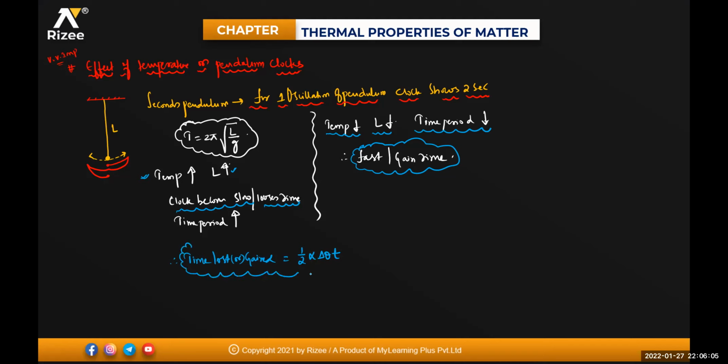There is no use of doing all those derivations, because ultimately you need to remember only this relation. If you need more derivation of that, I can send you my link in which I have done all the derivation by using approximations, but I don't think that will work out for you for the NEET examination. If you're listening for the first time, then only it will be useful. Otherwise, for the repeaters, it is not much required. So the loss or gain in time is calculated by the formula half into alpha into delta theta into t. Is that clear? Any doubt in this one, beta?